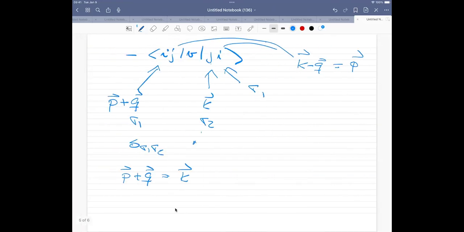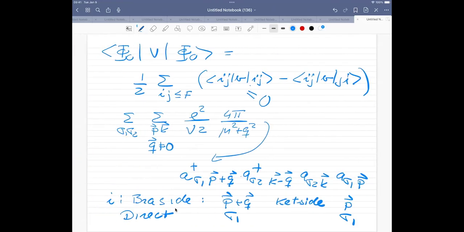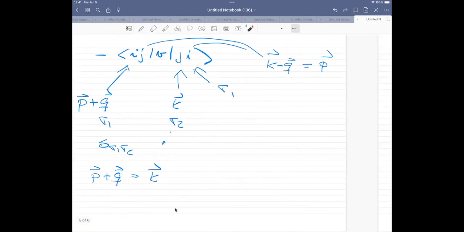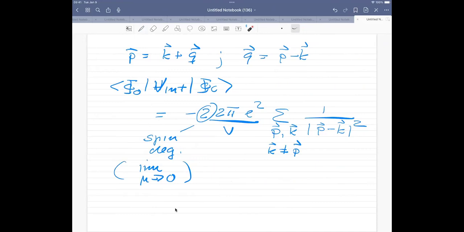So if you go back to the equation which we had, what I did now is to replace Q with P minus K. And then I can take the limit mu goes to 0, because Q is no longer a quantity which is 0. So that means that, having used all the restrictions on the values of P and Q and K, I simply replaced Q with P minus K, and then plug that one into the integral.